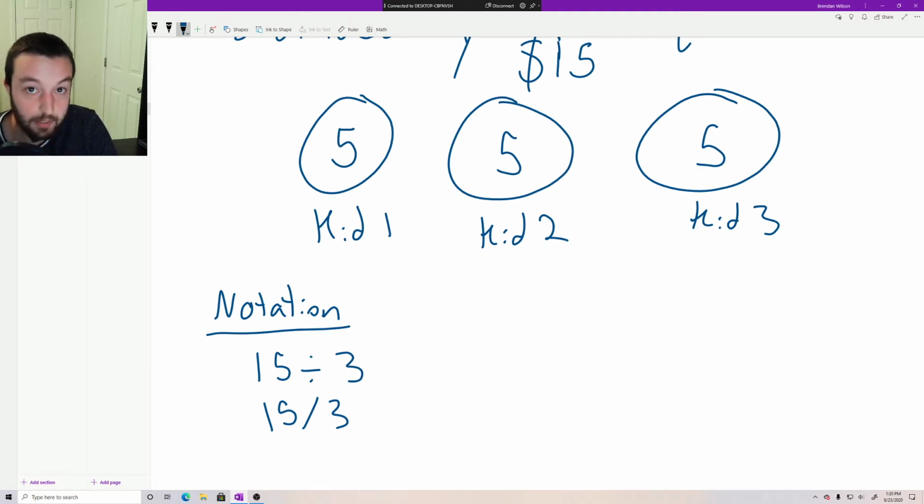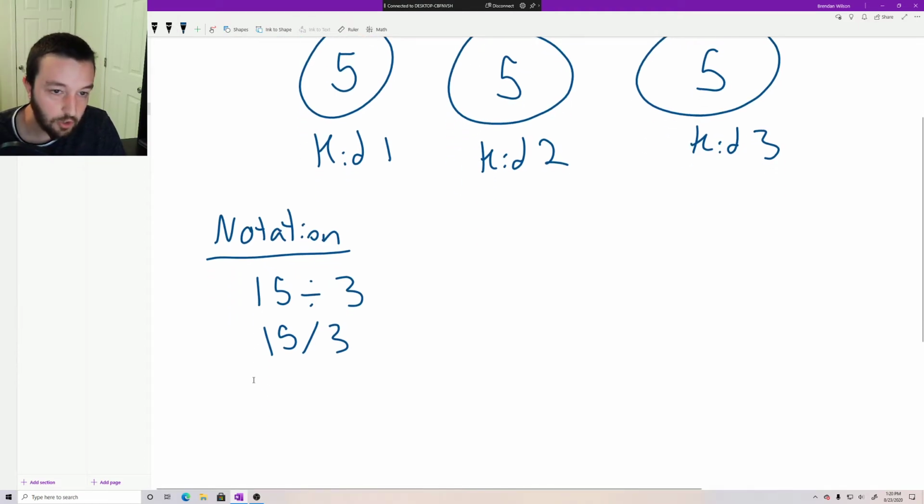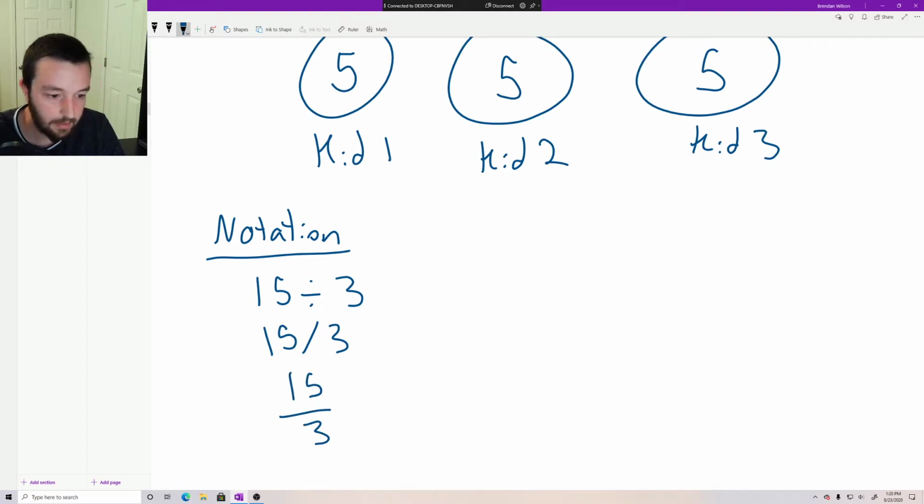15/3 is also pretty common. This is usually used for typing in place of writing this. 15/3 is sometimes how we'd read this, or as a fraction, 15/3, or just 15 divided by 3.